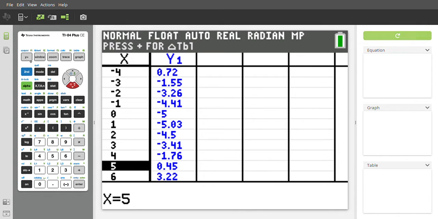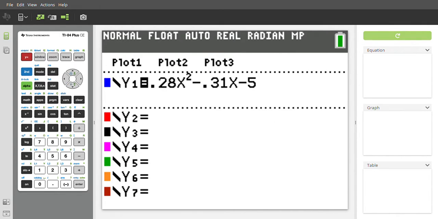Another example, press y equals. We're going to solve 3x squared minus 2x minus 5 equals 0.